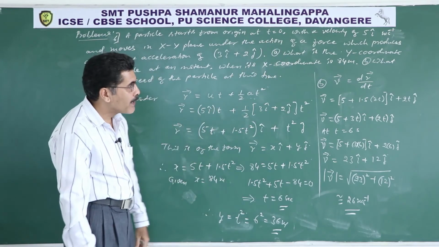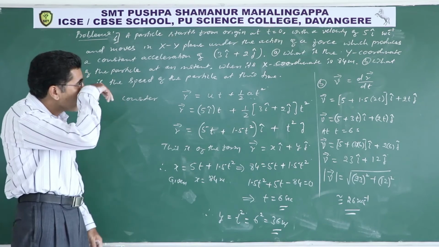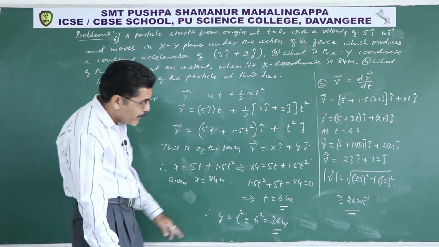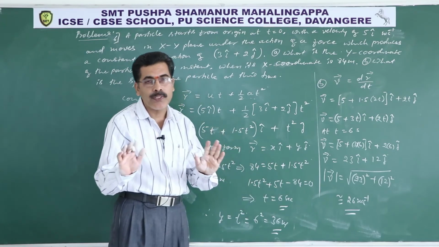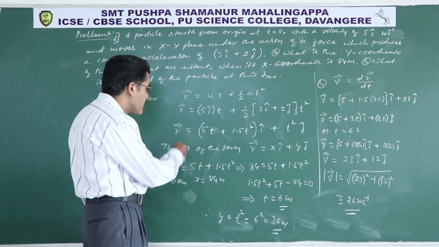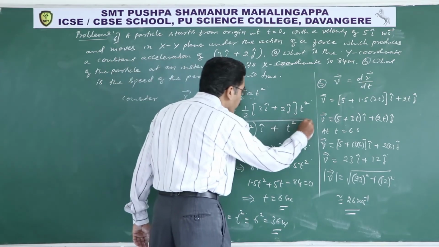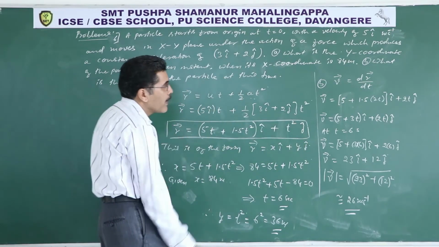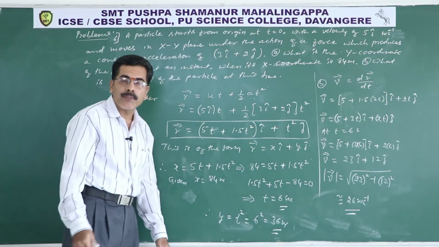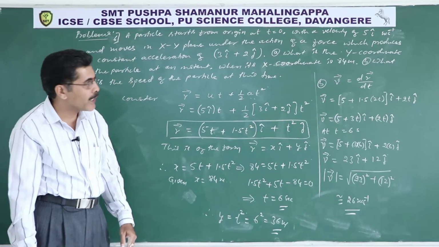In the second part, they ask you to calculate the velocity of the particle at that time. At that time means at time t equal to 6 seconds, what is the velocity of the particle? For this I consider this equation. I differentiate this equation as usual, as in the last problem itself where we differentiated this.